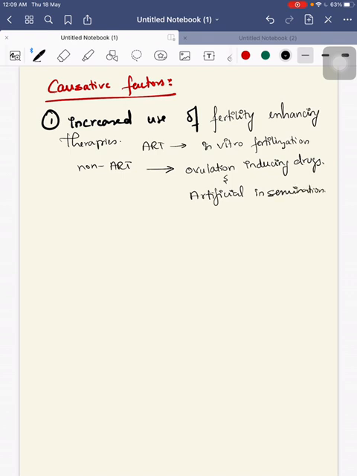Second, it can occur due to older maternal age group. Here the age group specified is when the woman is between 35 to 39 years. Why? The reason is that an increased level of FSH in the mother has been associated with dizygotic twinning.